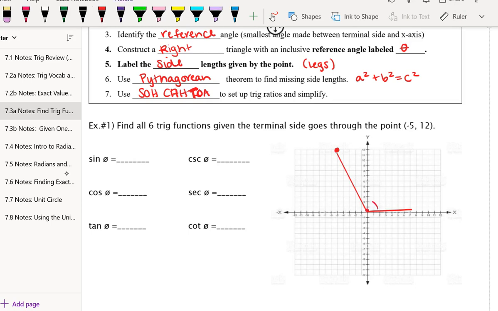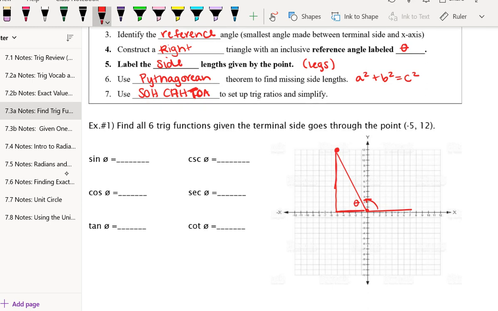Okay, so this angle right here, that's the angle that is in standard position. What I need to do is I'm going to drop a side down, and I am going to create a side over here, and we're going to use this reference angle as theta.